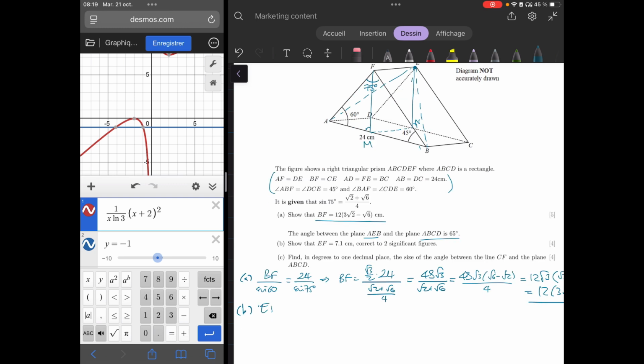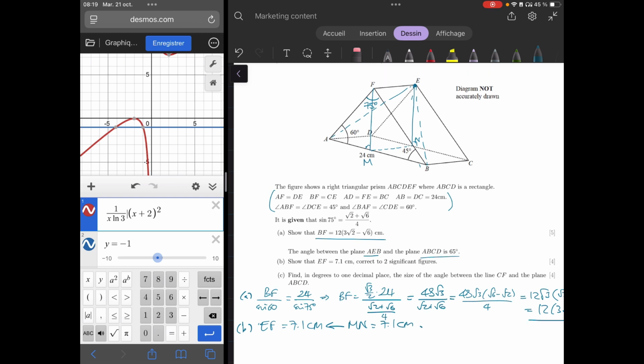To show that EF is equal to 7.1 centimeters, we need to show that MN is equal to 7.1 centimeters. We also know that the angle between the plane AEB and ABCD is 65 degrees. This means the angle EMN is 65 degrees.